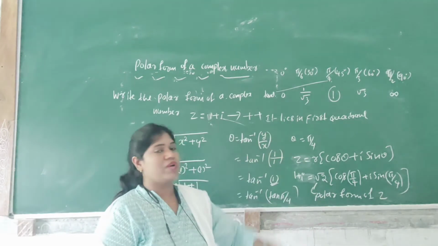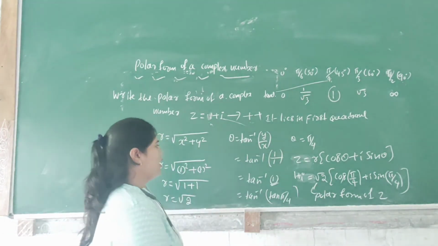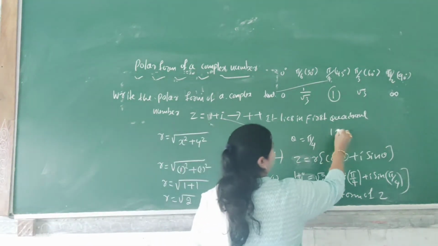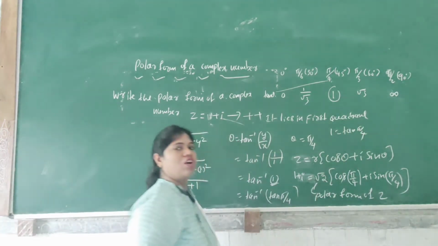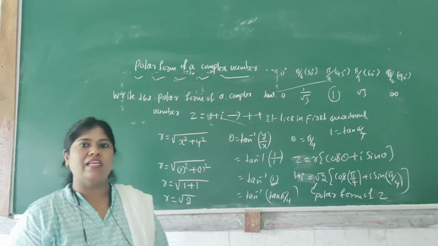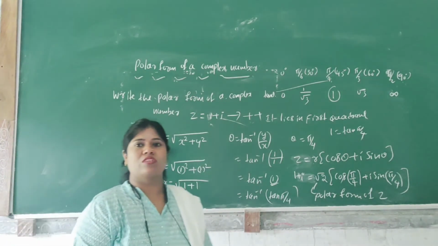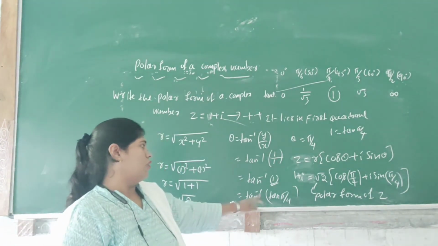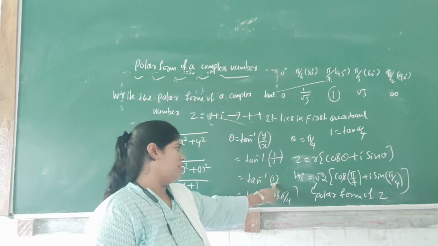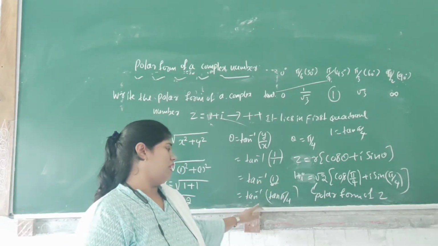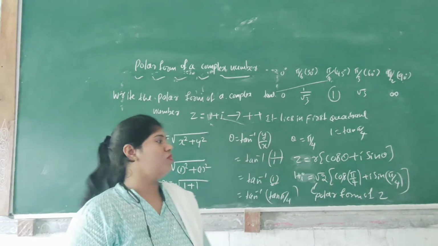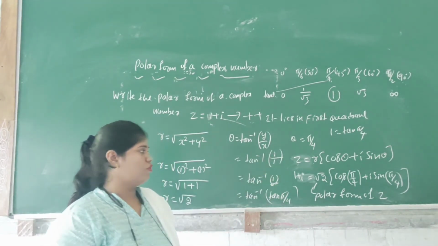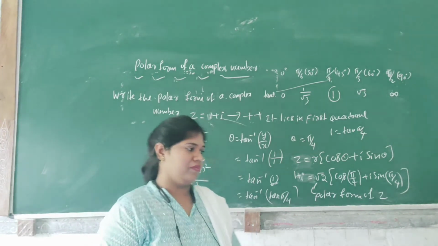And 1 is nothing but tan pi by 4, from the trigonometric functions of standard angles. So theta is equal to pi by 4.